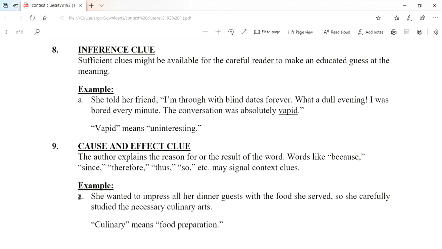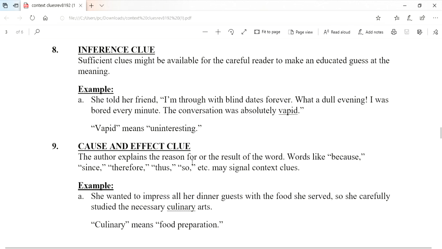And we can see that we are provided with a reason. Because she wanted to do something, she did something. And what do we have there? To impress all her dinner guests. Dinner, we know, is food. You're going to eat. So if she went learning an art, it's going to be an art about food. So culinary means food preparation. Can you see that? It's basic, and we can easily tell the meaning of the word here.